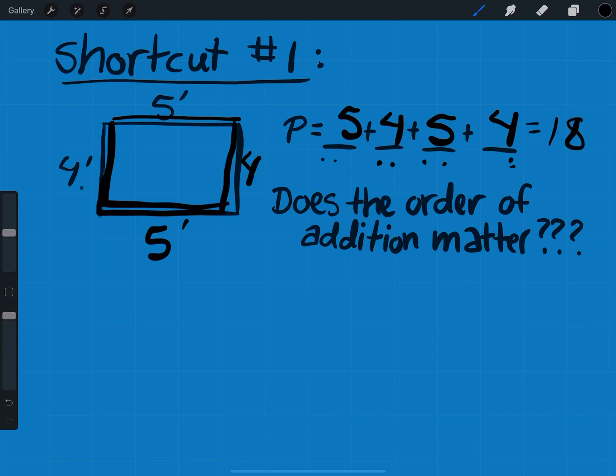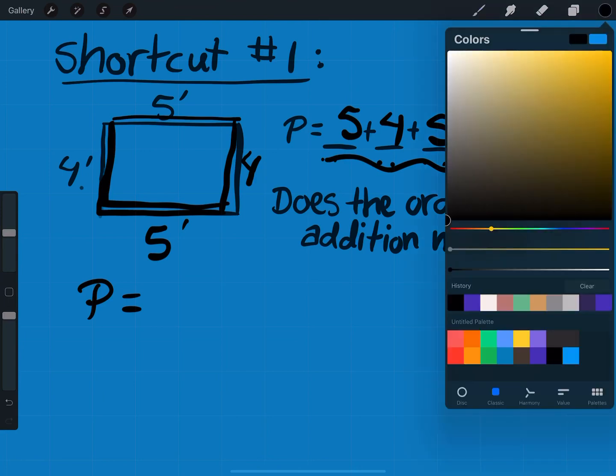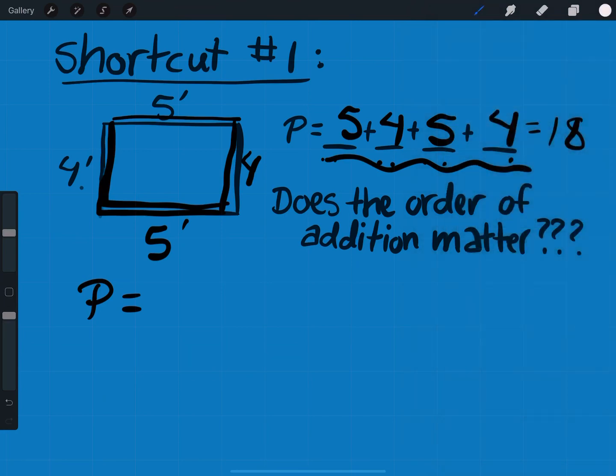Okay, so we're going to add them in a little bit different order than this, just to make our lives a little easier. So the perimeter here, I'm going to add, let me use another color, it's easier to see. I'm going to add this side and this side first, 5 plus 5, and then I'm going to add 4 plus 4.